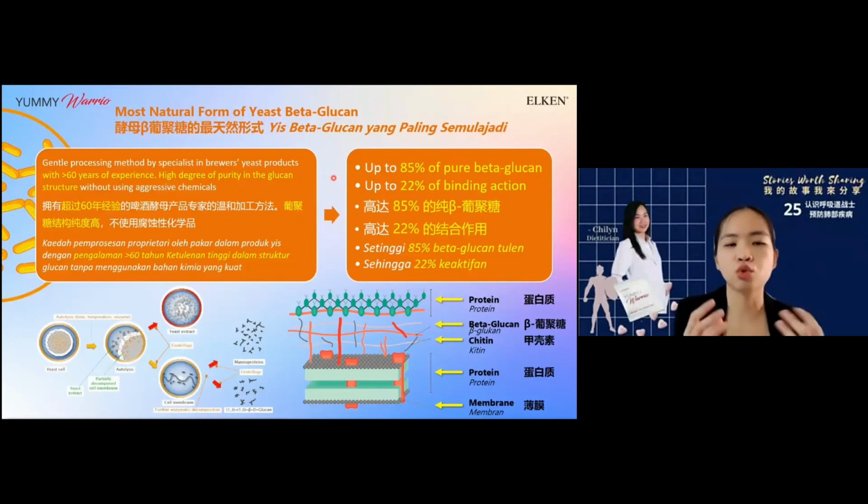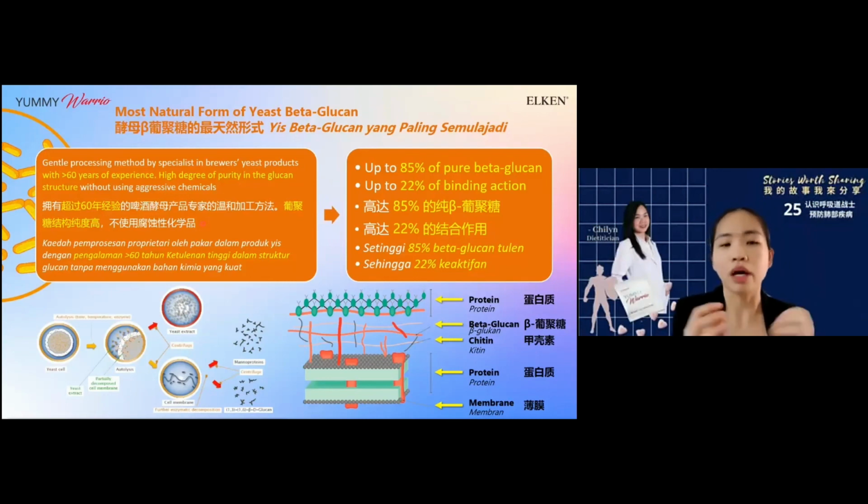Instead, it uses a gentle processing method so that it can gently open out the outer layer and extract the beta-glucan. So for this method, it actually allows you to extract 85% of pure beta-glucan. That's right.